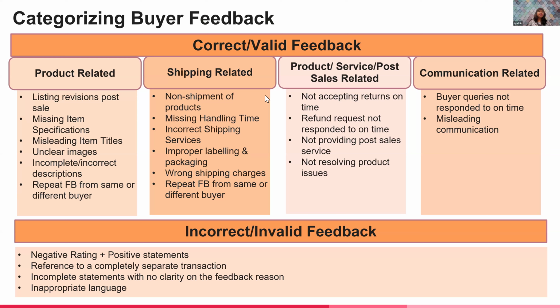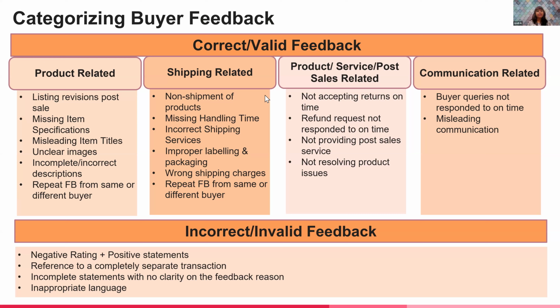The buyer is stating that the item was missing the item specification, the item titles were misleading, or the images that were added were unclear, the description was either incomplete or incorrect, and very importantly we see that there is repeat feedback for the same product from different buyers, right? Now if it is product related, it is going to be considered as correct, right?